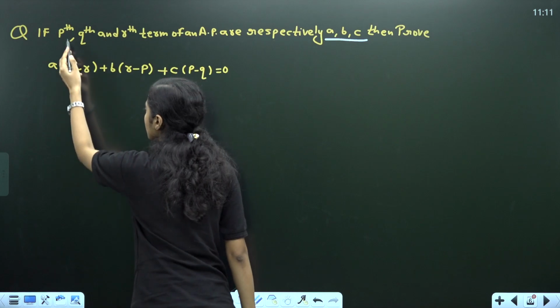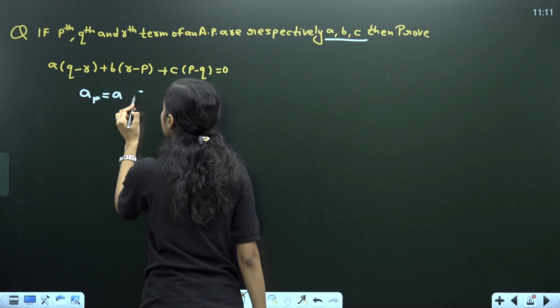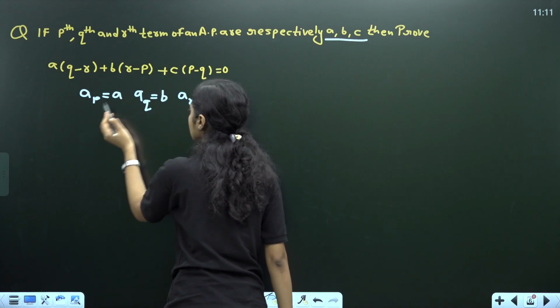The pth term equals a, aq equals b, ar equals c.